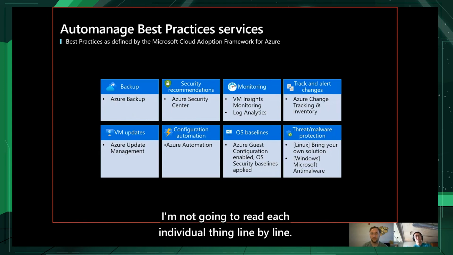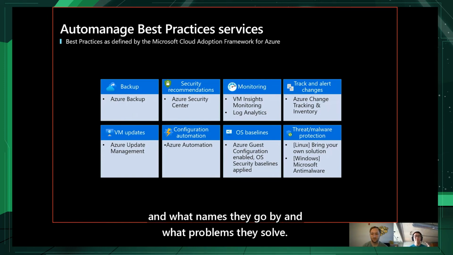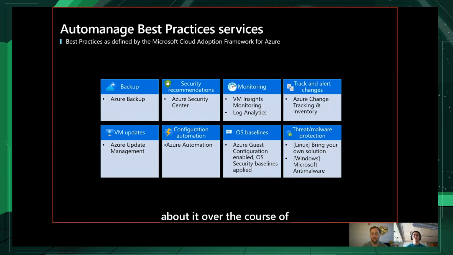I'm not going to read each individual thing line by line, but those are the areas that we touch on within Automanage. These are the services that we automatically onboard you to, which means that one, you don't have to figure out what these services are and what names they go by and what problems they solve. Two, you don't have to figure out how to onboard them. And three, you don't have to worry about it over the course of your VM's lifecycle, because you just point, click, set, and forget, and all of this is taken care of for you.